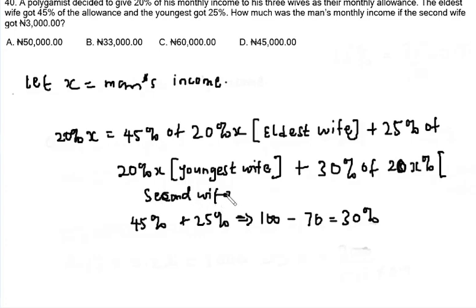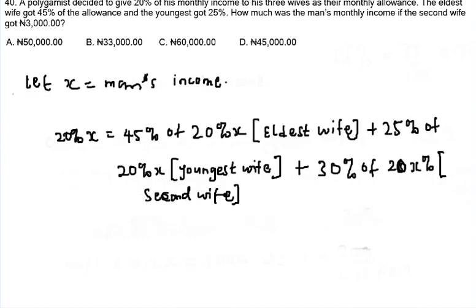So you need to understand these relationships to get how I solve this question. So from here, since we know the amount the wife got, we can say our 30% of the 20% of x is equal to 3,000 naira.